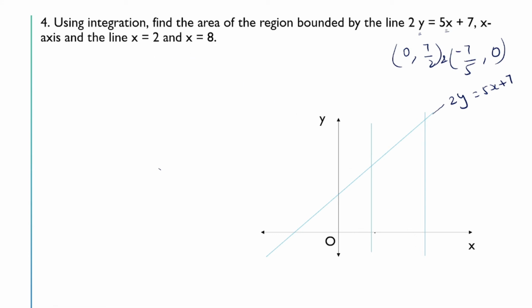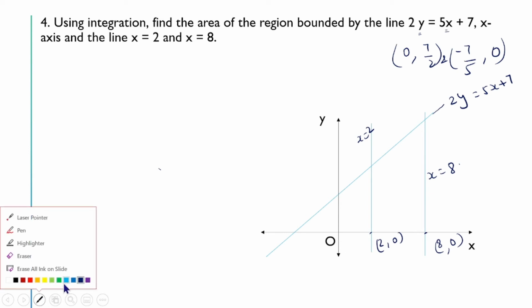X is equal to 2 is the line which passes through 2 comma 0 and parallel to the y-axis. So this is x is equal to 2 and x is equal to 8 is the line which passes through 8 comma 0 and parallel to the y-axis. This is the line x is equal to 8 and this is the x-axis. So the region bounded is this part.